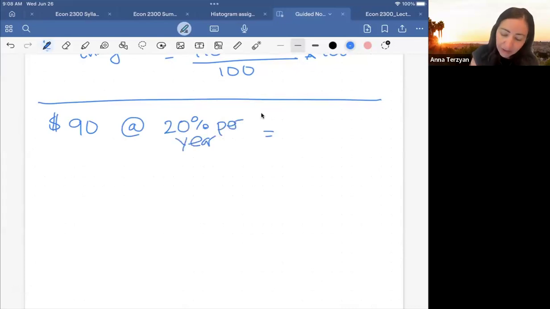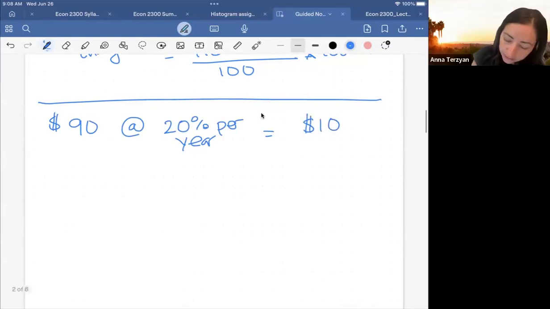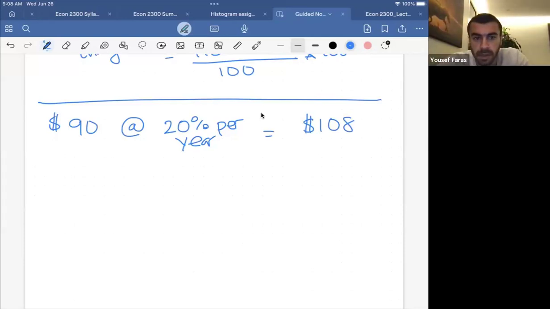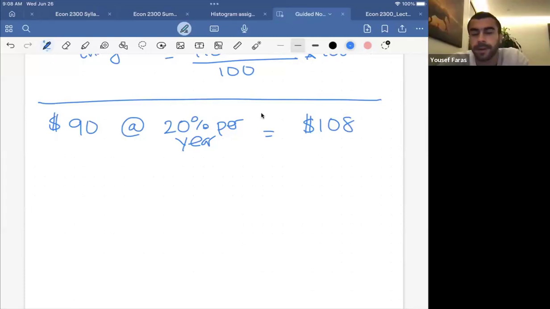How much do you have at the end of that first year? $108. Yes, you have $108. How do you do that? What's the procedure you follow? 90 times 0.2. Well, what do you get when you do 90 times 0.2? 18. And then I added it to the first number. Yes.